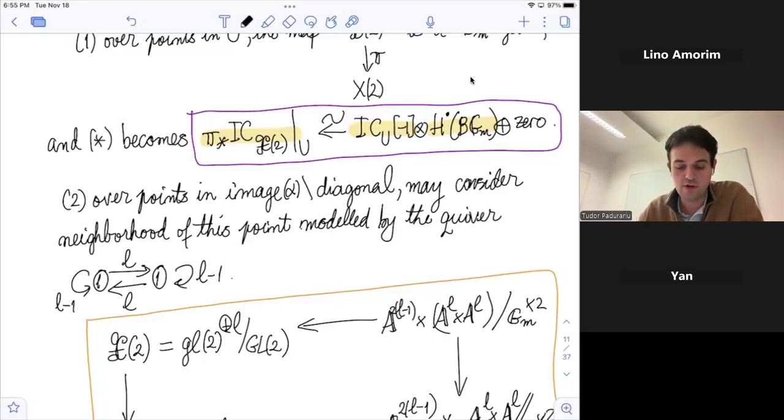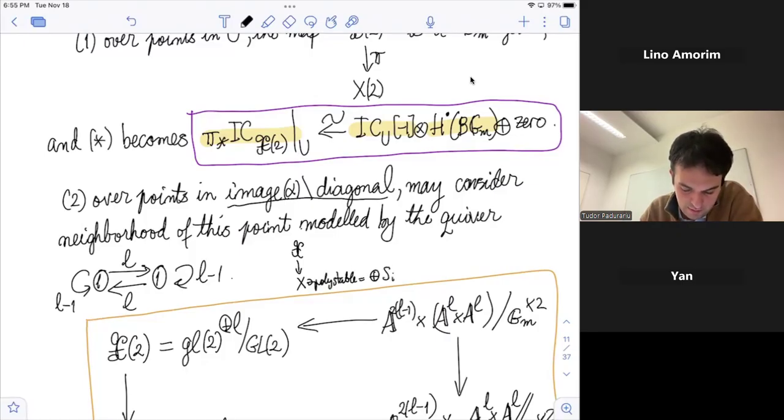So also this point that we're looking at here is polystable, and locally on the good moduli stack, for a polystable point that we write as the sum of some stables with multiplicities, we can describe a neighborhood of this good moduli space map using an Ext quiver.